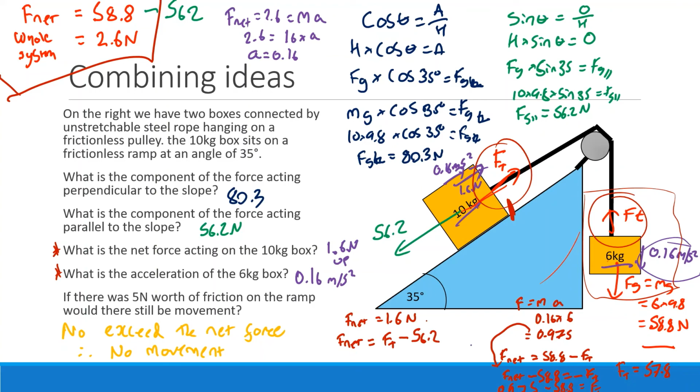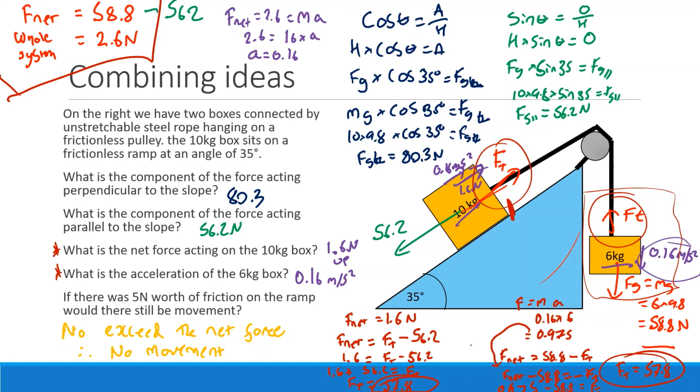Now, if 1.6 equals the tension force minus 56.2, that means that 1.6 plus 56.2 equals our tension force. 1.6 plus 56.2 comes out to be 57.8. What do you know? It's the same answer.